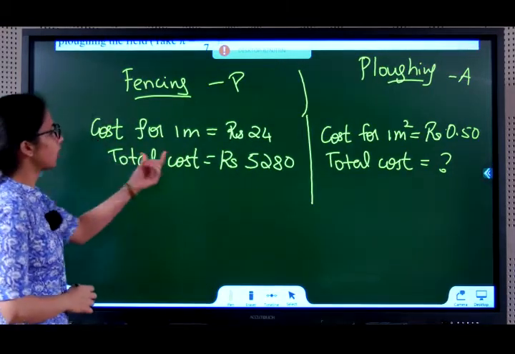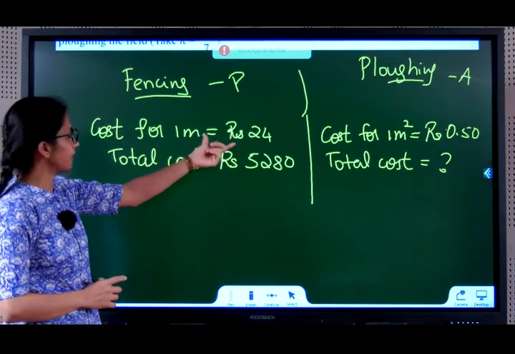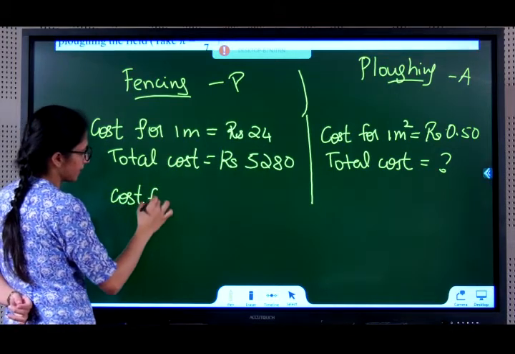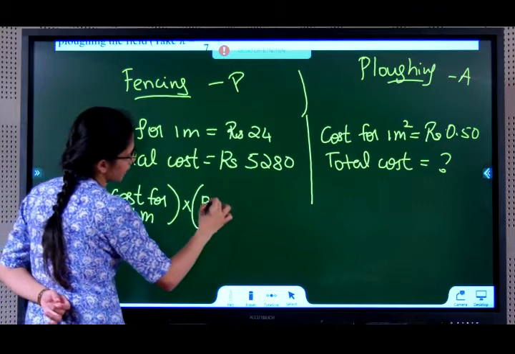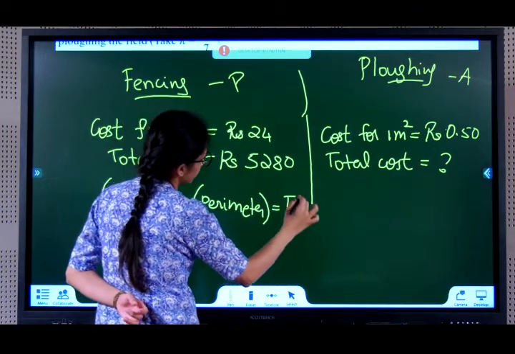So, total cost is 5280 and perimeter cost of 1 meter is this much. Take the cost for 1 meter and if I multiply it with perimeter, I should get total cost.